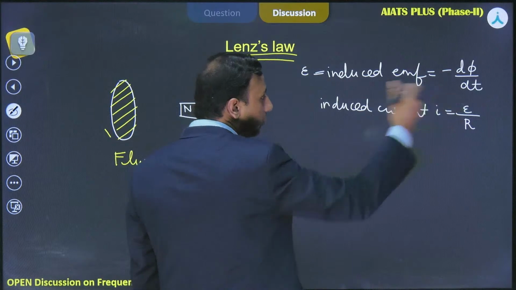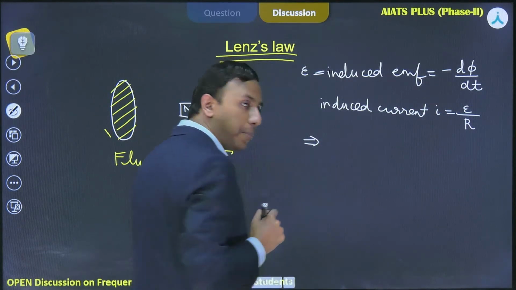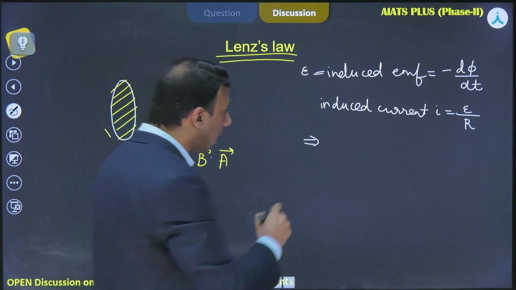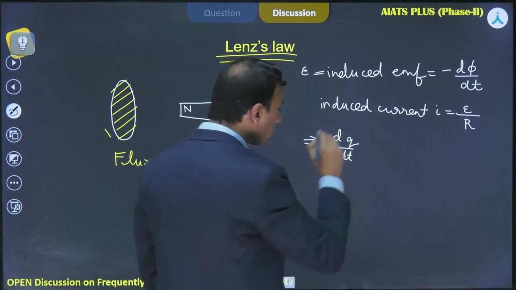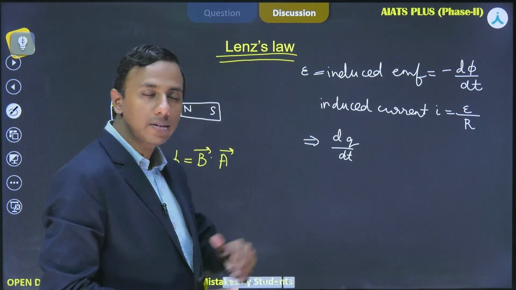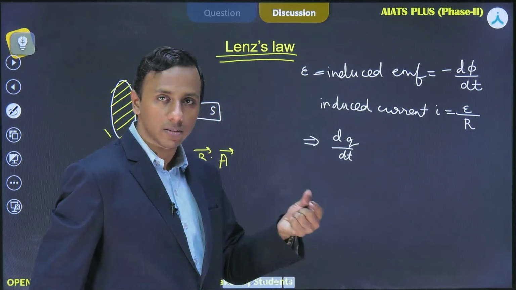And you can just substitute the formula over here, and I you can write by another thing. I you can also write it down as dq by dt, isn't it? This you again studied in current electricity chapter. I is dq by dt, where q is the charge flowing through the conductor.